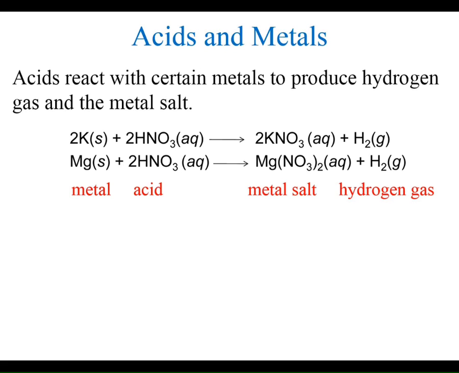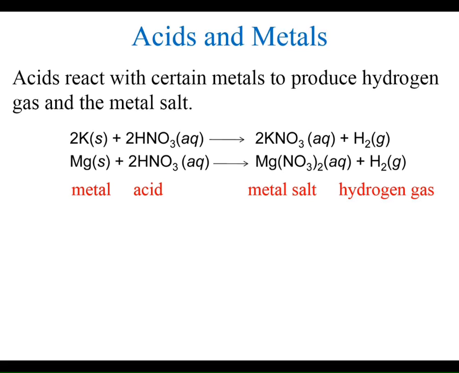Okay, so I want to show you a couple of reactions now with some acids. The first one I'm going to show you is a simple single replacement. Remember that, where you just take one thing moves? So you see in these, potassium plus hydrogen with nitrate. You see the nitrate moves over to go with the potassium, right?